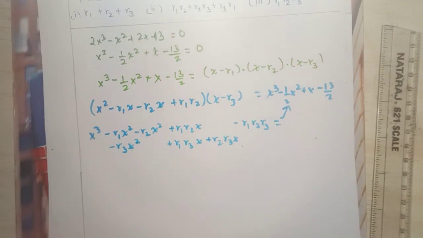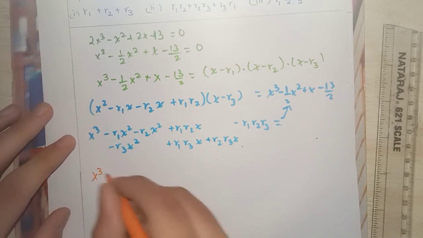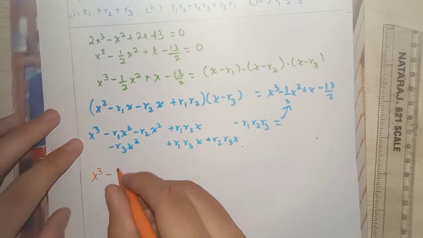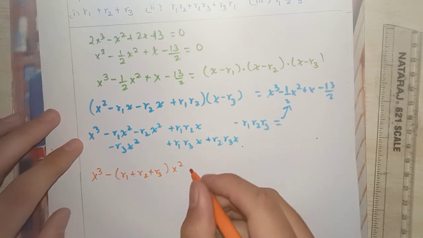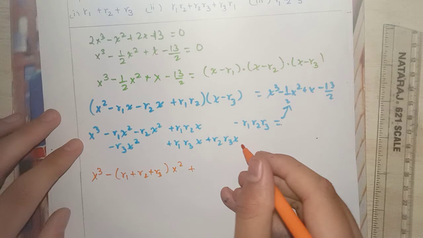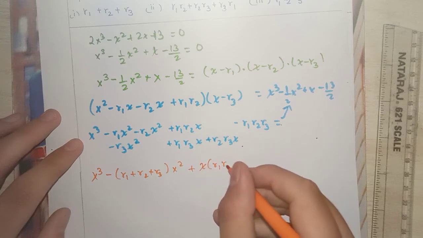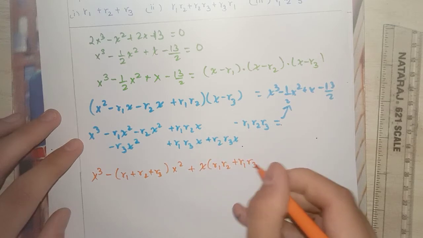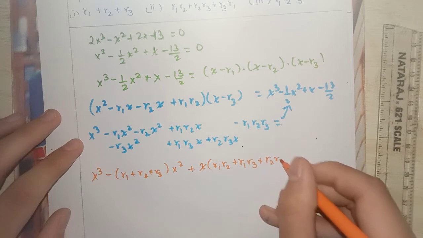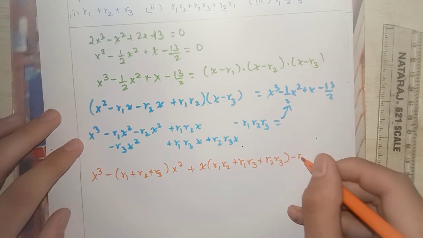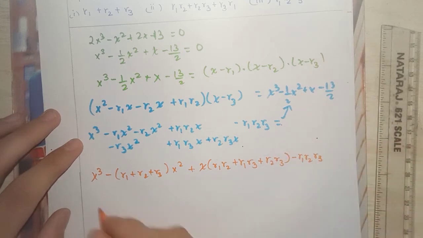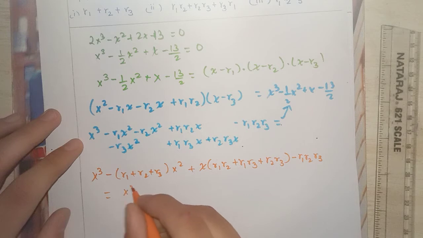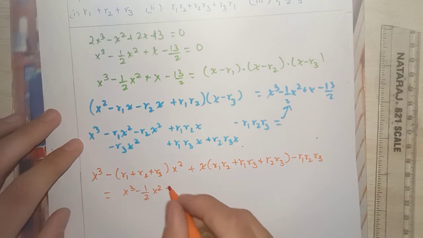Now let us factor something. So negative r1 plus r2 plus r3, and we'll factor that x squared term. Next we will be factoring that x out, so we are left with this, minus r1 r2 r3, and that is equal to the same polynomial, x cubed minus half x squared plus x minus 13 halves.